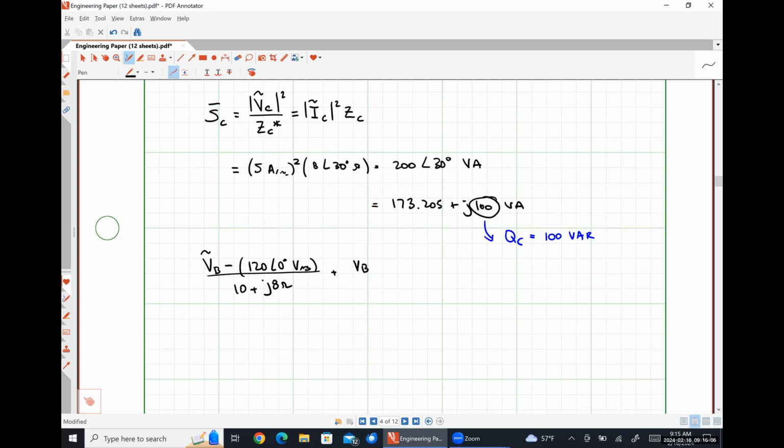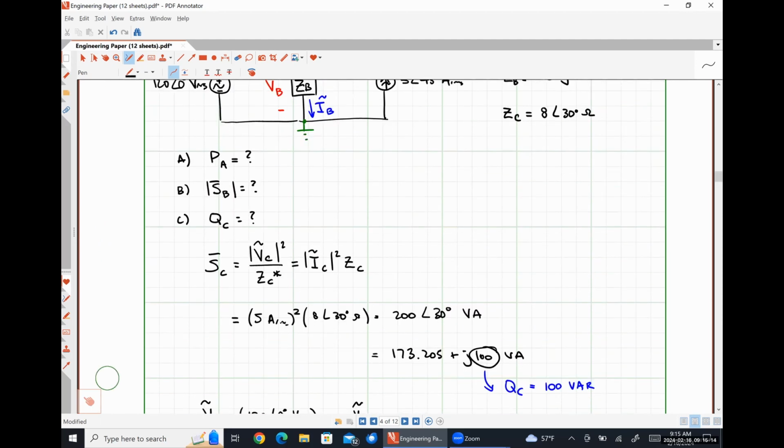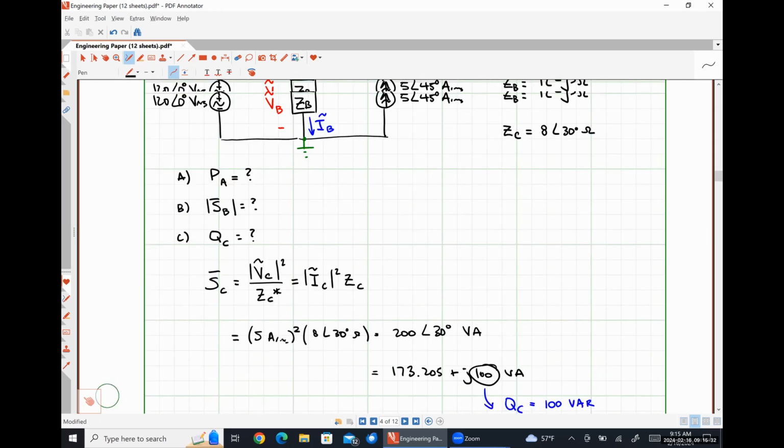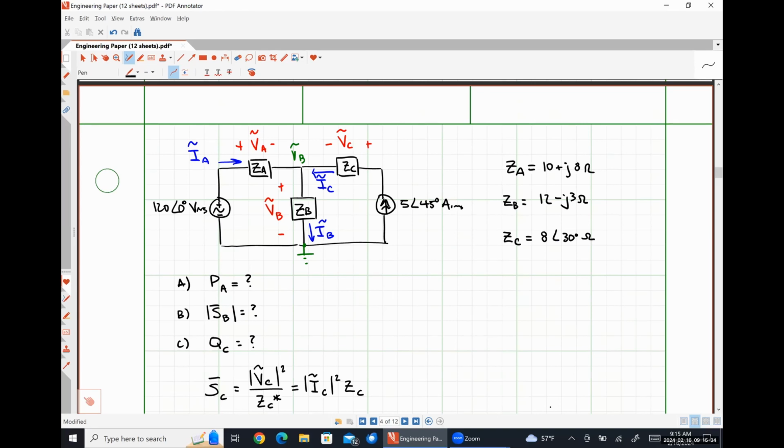Plus VB over ZB, 12 minus J3. And then I'm going to have minus 5 angle 45 degrees amps is equal to 0. So that's just KCL at that top middle node.